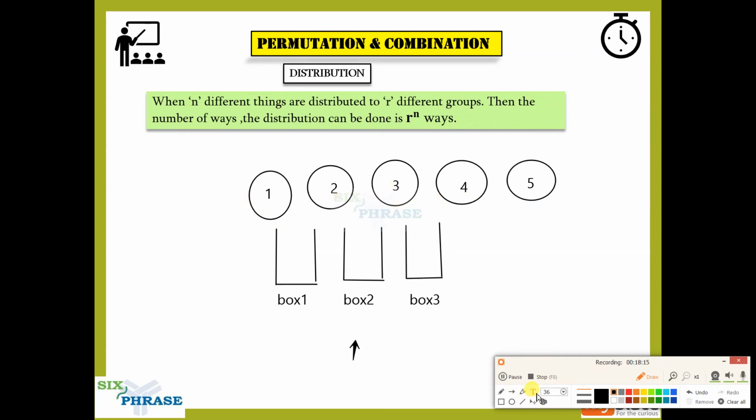You could have many possibilities. You could have 1 3 4, this is one possibility. Now the other possibility could be 2 5 1. This is also a possibility.